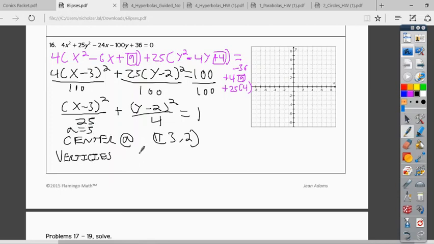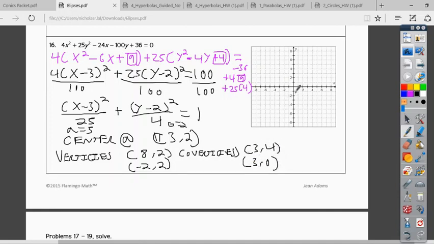This is horizontal, so this will be at 3 plus 5, (8, 2), and (-2, 2). Co-vertices, b is equal to 2 at (3, 4) and (3, 0).